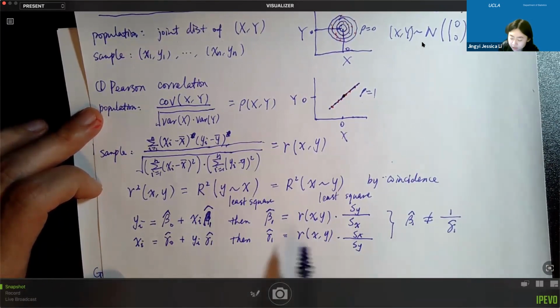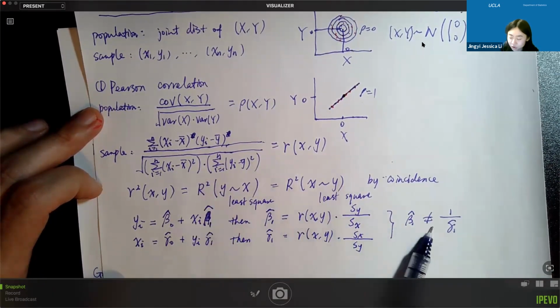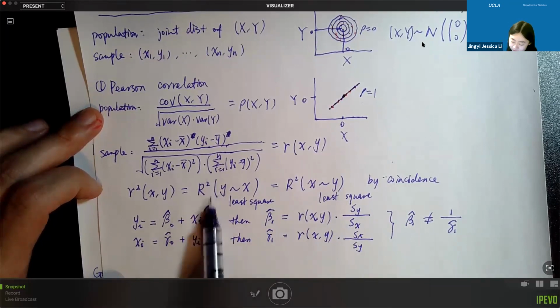However, even though the least squares are not symmetric at all, it just happens that after we do least square, we calculate the R square. So the R square is defined as what?